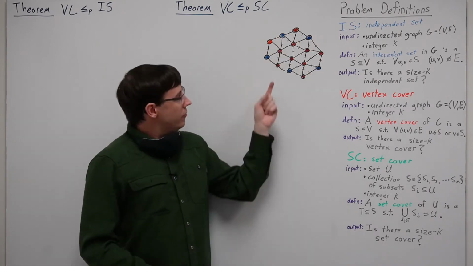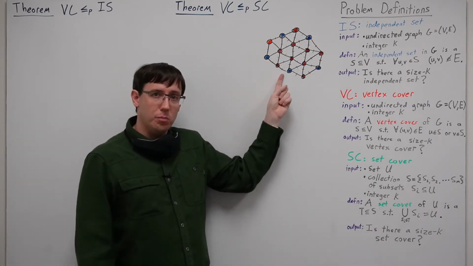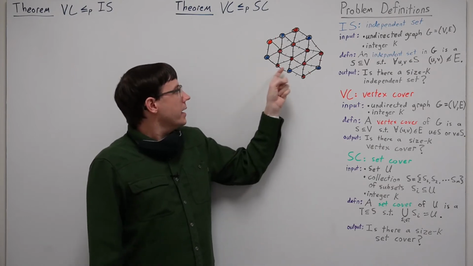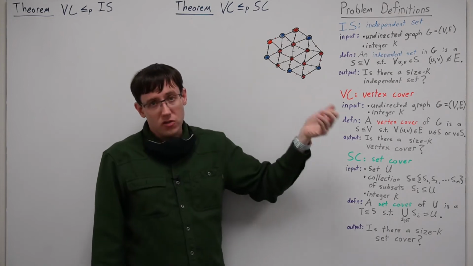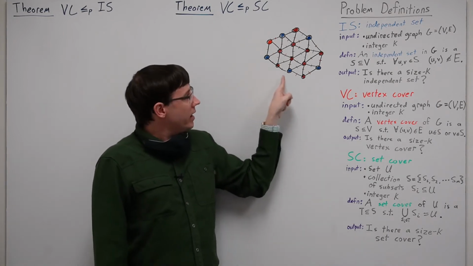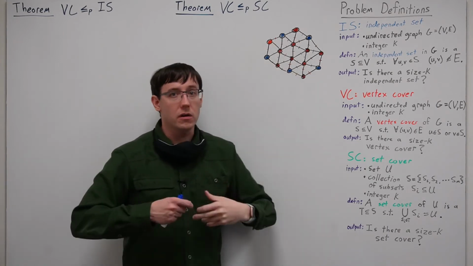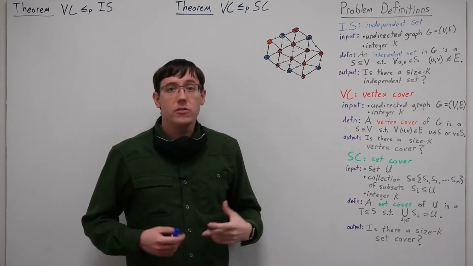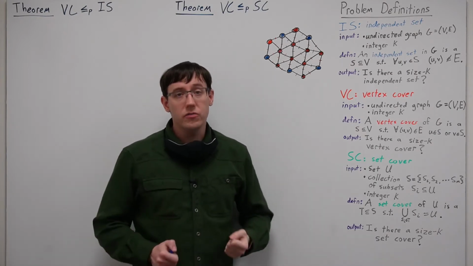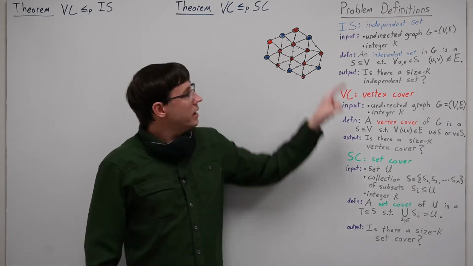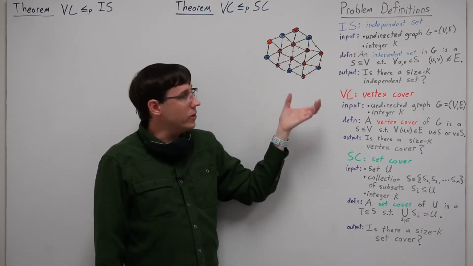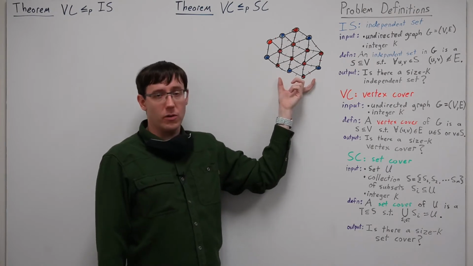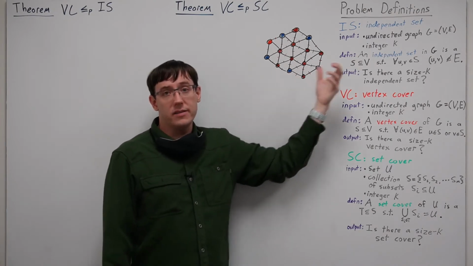So for each of the vertices I have highlighted in blue, it is not adjacent to any other blue vertex, and so we have a set of vertices that are all independent. And so the decision version of the independent set problem gives us an integer k and asks whether there is an independent set in the graph of size k.